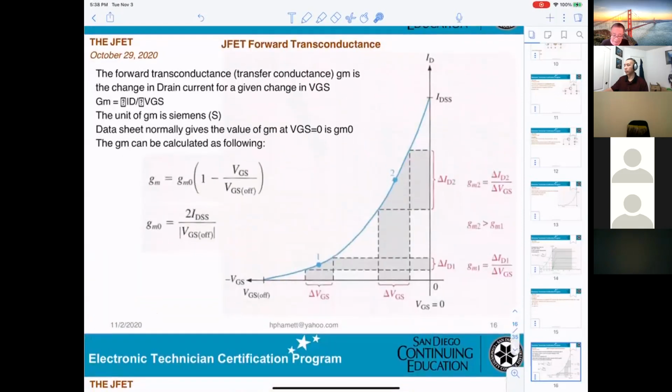When you have IDSS and VGS off, you get the curve, which is the equation ID equals IDSS times (1 minus VGS over VGS off) squared. And GM here is just defined as the transfer conductance. That's the only thing I can say.